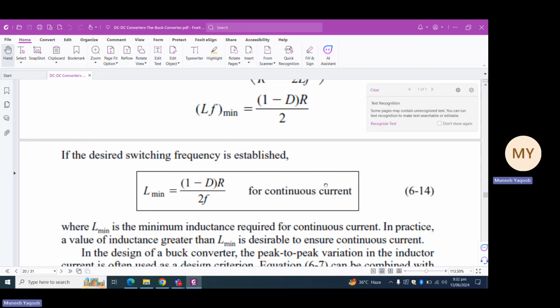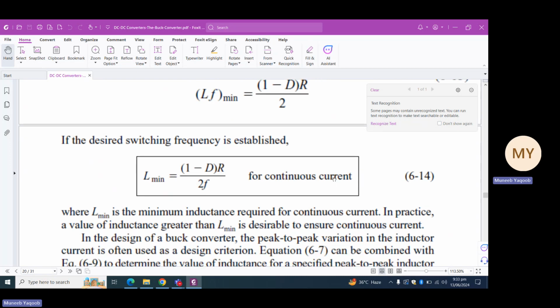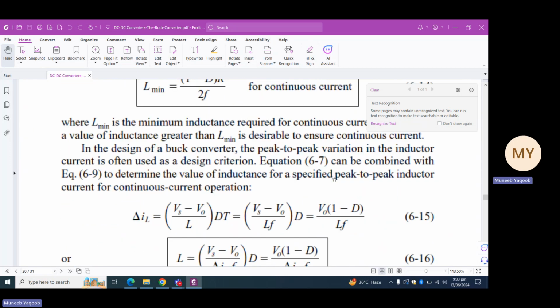So in the design process, we will use this formula to calculate the minimum value for which the DC-DC converter, that is the buck converter, is operating in its continuous conduction mode.